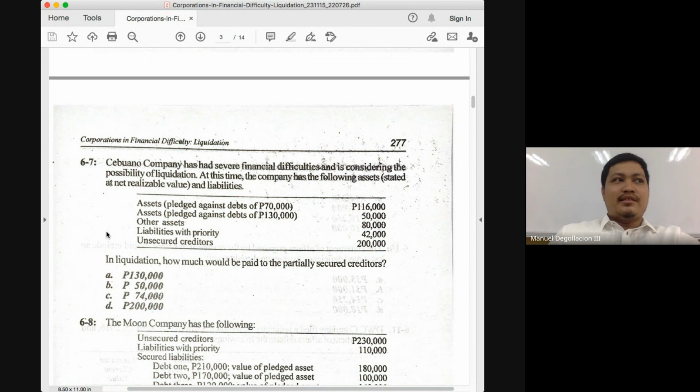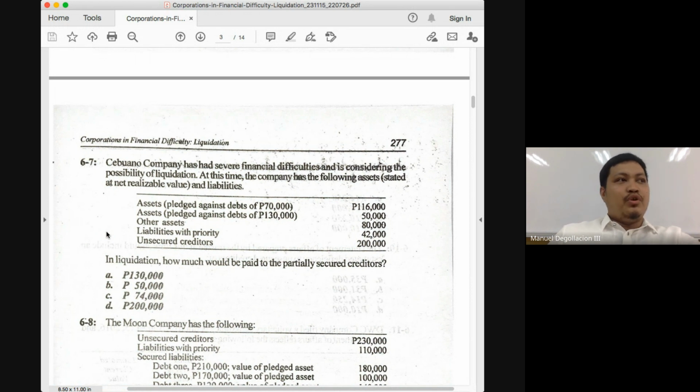So which one is lengthier as far as the computation process is concerned? The computation for your partially secured. But again, the procedure is not even complicated, class. The challenge would just fall on your correct computation of your recovery rate. If your recovery rate is wrong, partially secured is wrong, unsecured without priority is wrong.